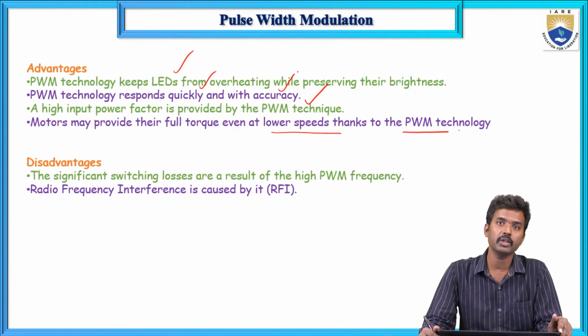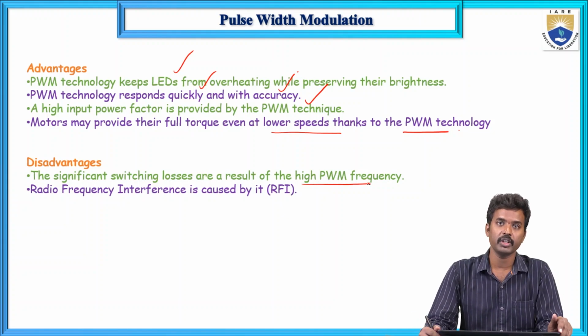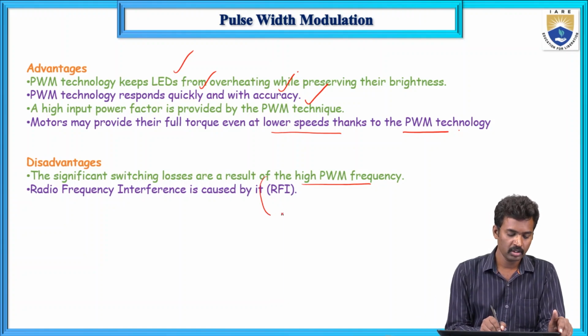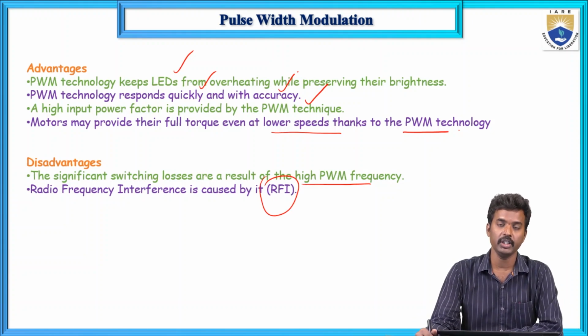Now what about the disadvantages? Significant switching losses result from high PWM frequency, and radio frequency interference is caused by pulse width modulation. So these are the definition, advantages and disadvantages.